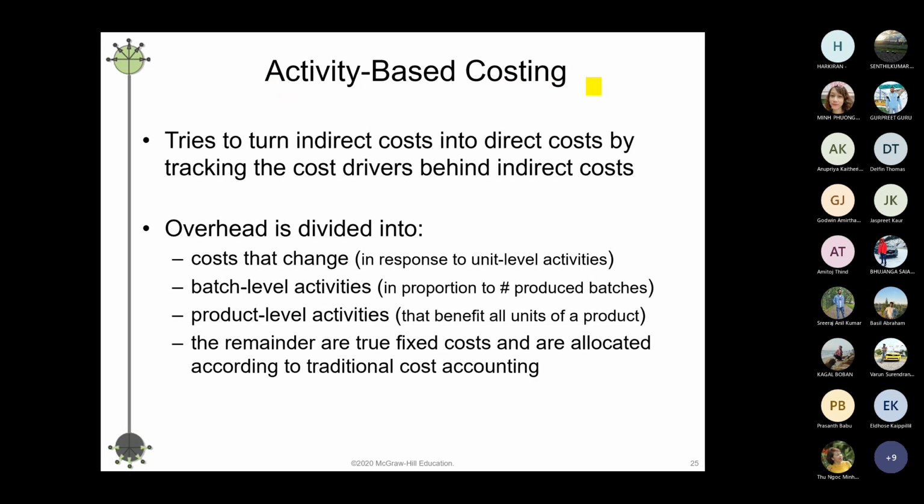Activity-based costing. This is also a very interesting topic, and why activity-based costing is important, why we like it. The reason is we can link the increase in production cost to the entire process, and also relate the overhead cost to variable cost.